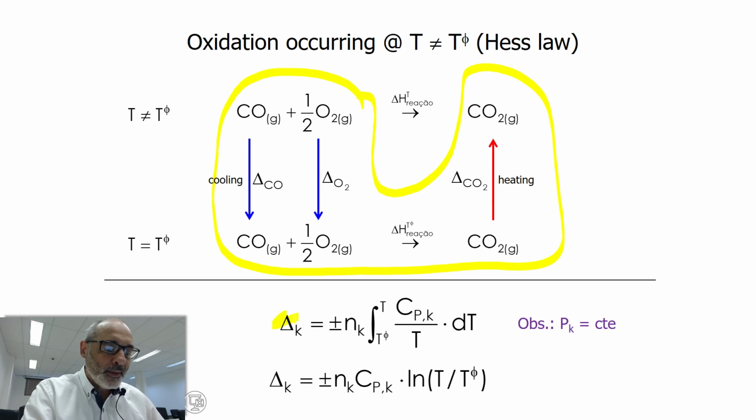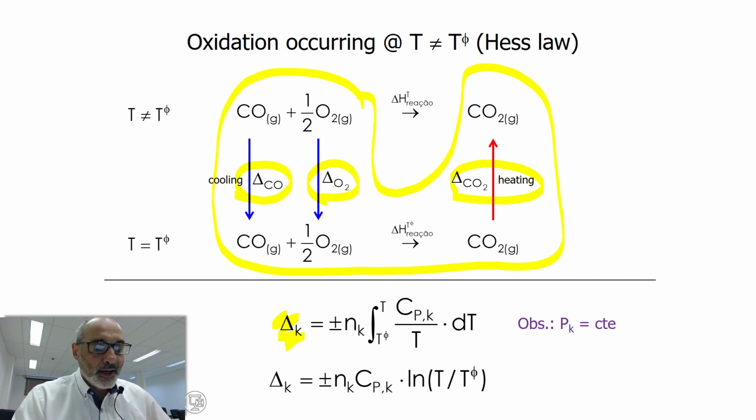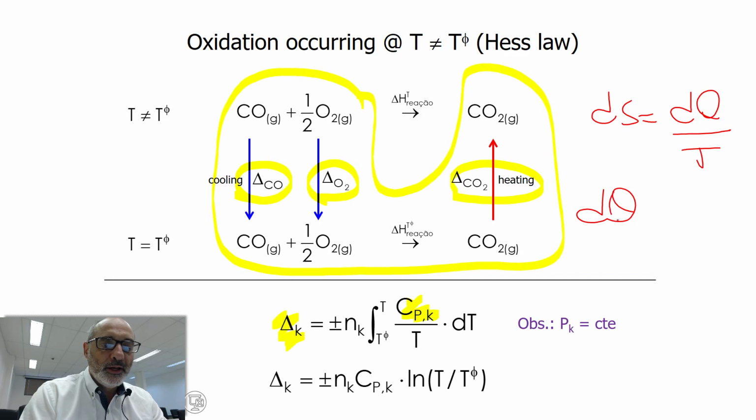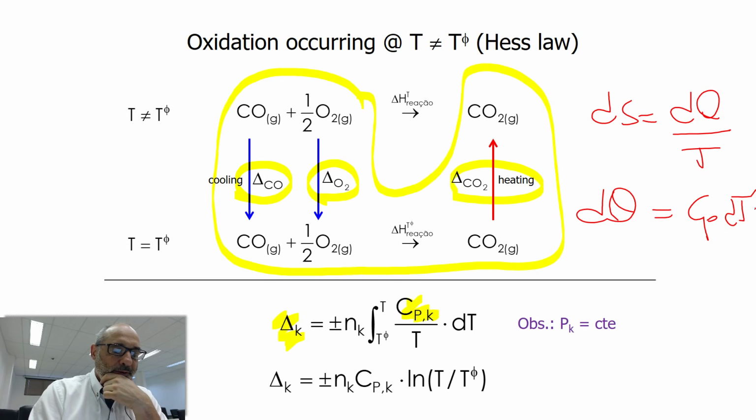Only that now the variations of entropy associated with cooling and heating I can still calculate in terms of the definition. Remember the definition of entropy: dS equals dQ over T, and dQ I can calculate as Cp dT. So that's what we are using here.